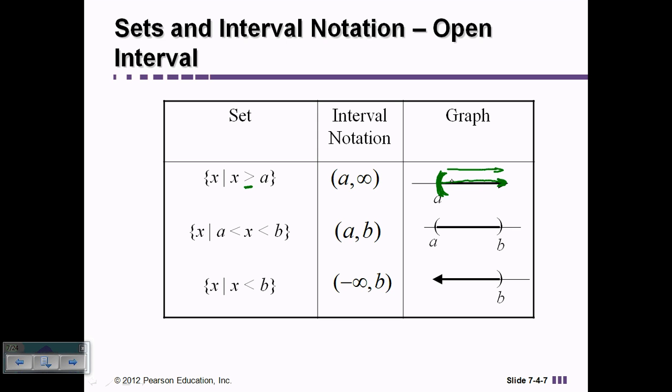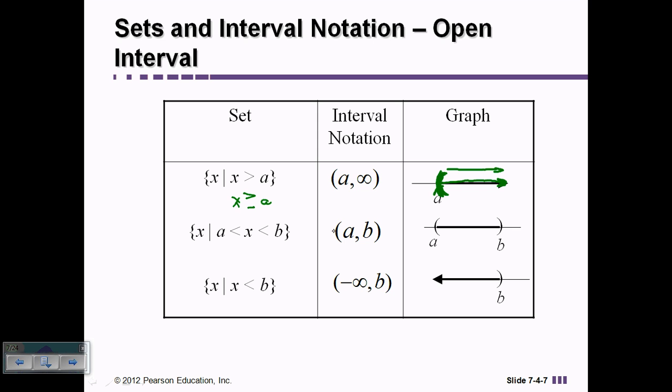We use the parenthesis because we do not have an equal sign over here. If this problem were greater than or equal to, x is greater than or equal to a, then that would change our notation that we would have at the very beginning of this parenthesis here.